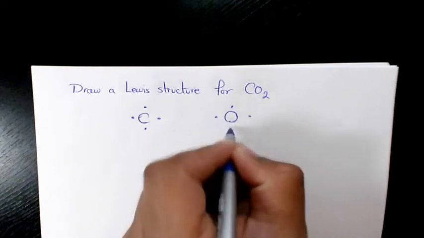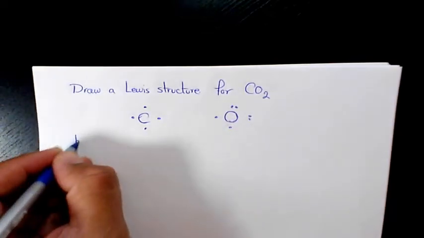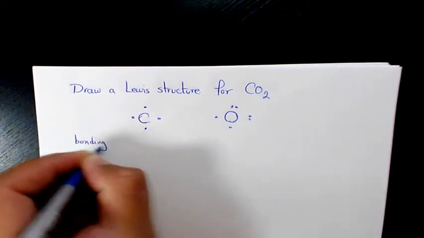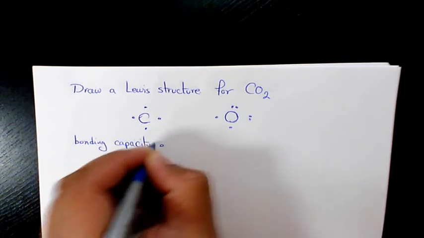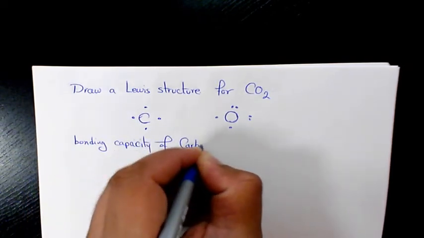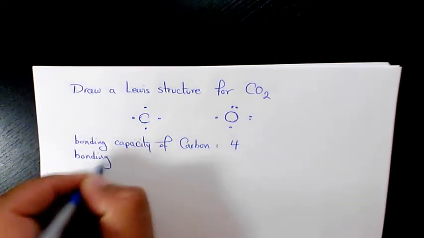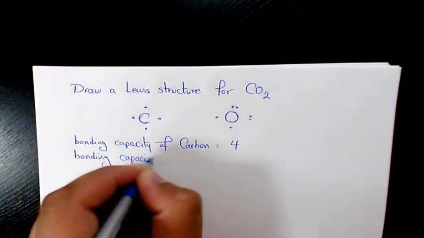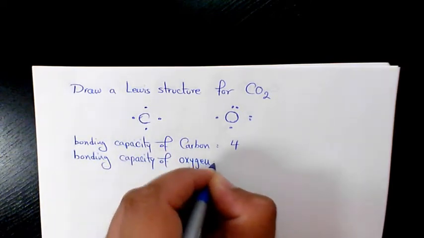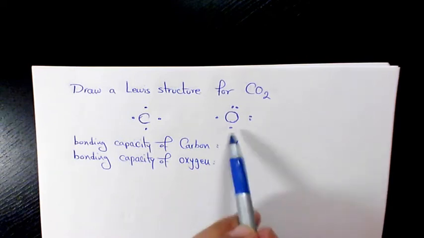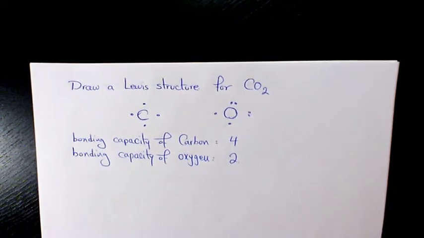1, 2, 3, 4, 5, 6. So the bonding capacity of carbon is 4, and bonding capacity of oxygen is 2, because we have 1 and 2 here, and here we have 4.